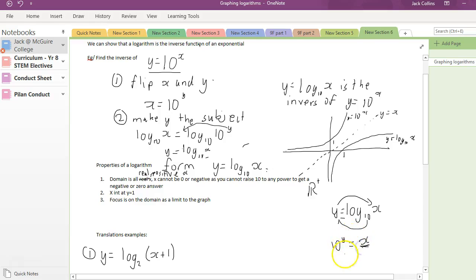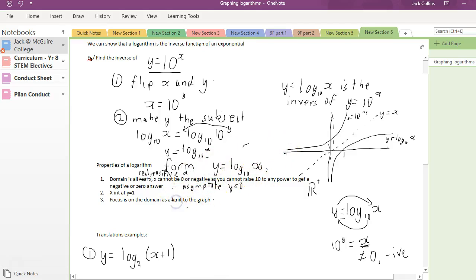So you can't raise 10 to any power that's going to give x equal to 0 or negative numbers. Okay, so that kind of creates our asymptote at y equals 0. Just like with our exponentials, we had the asymptote at x equals 0. So because it's an inverse, it swaps where the asymptote is.